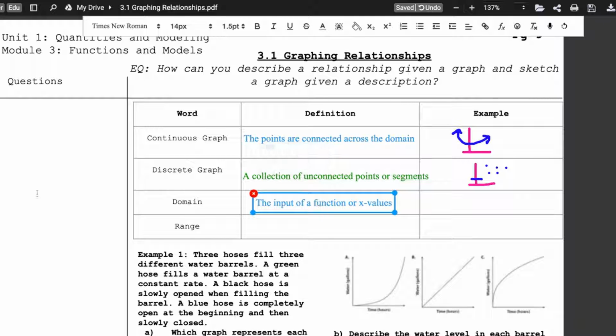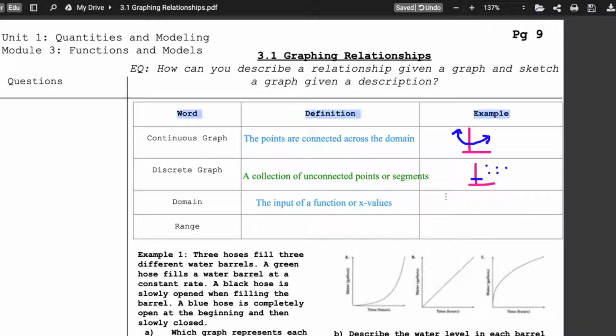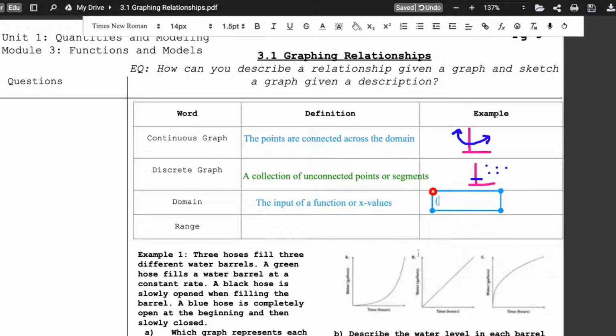You know this stuff. So if I gave you the example and we had, oops, why isn't it working? We had the points 1, 2, 3, 4, and 5, 6.